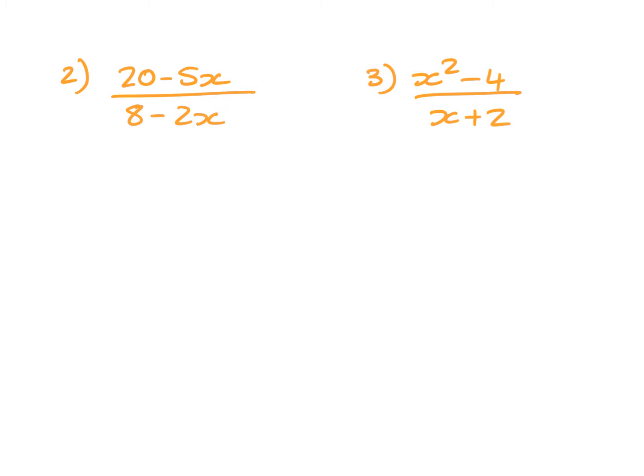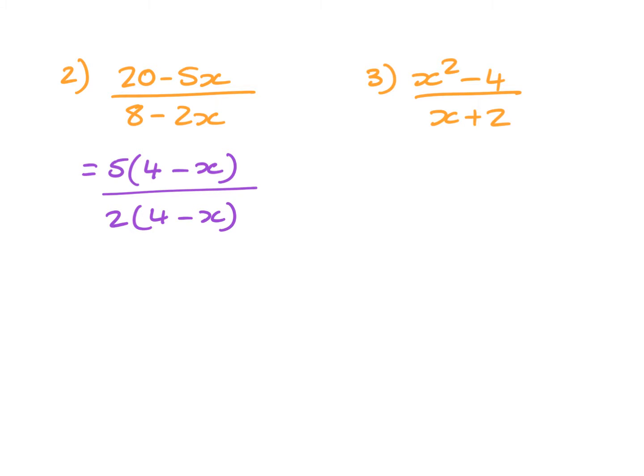How did we go with this one? First thing I'm going to do is factorize both the numerator and the denominator. 5 is the common factor. 5 times what gives me 20? It's going to be 5 times 4 minus x. That's my numerator, and my denominator is going to be 2 times 4 minus x.